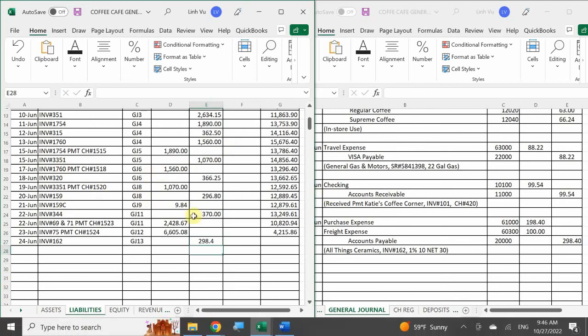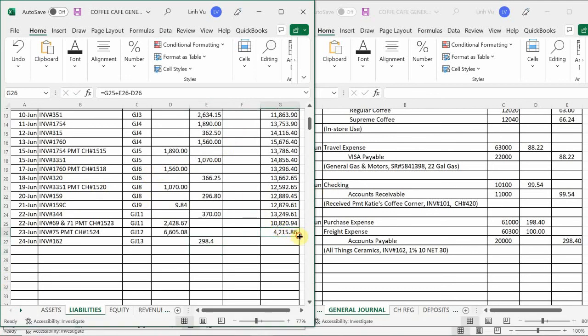So what's my new ending balance? 4,514.26. Good.